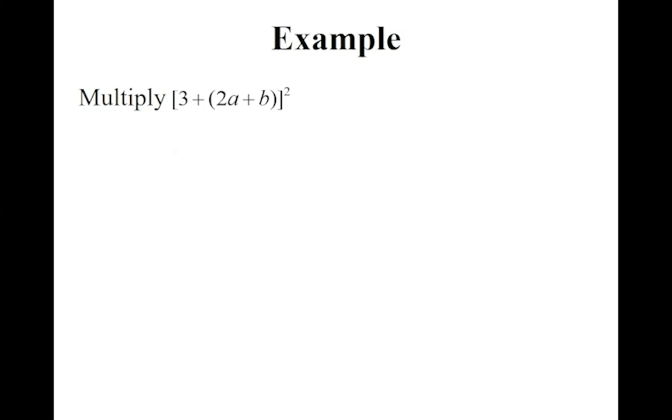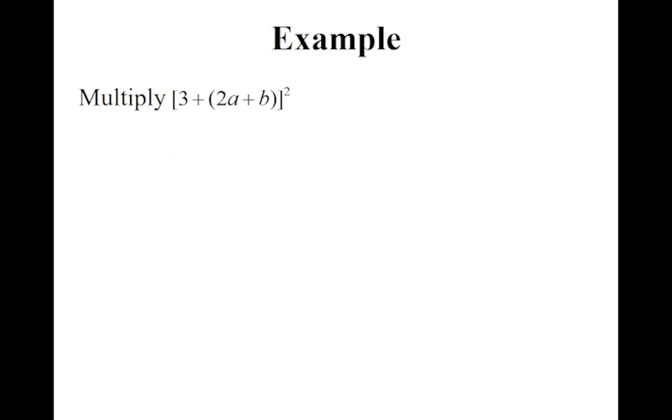Now we're multiplying 3 plus the quantity 2a plus b, squared. That means we're foiling 3 plus 2a plus b with itself. I guess that's possible. 3 is the first thing, and then 2a plus b is the second thing.